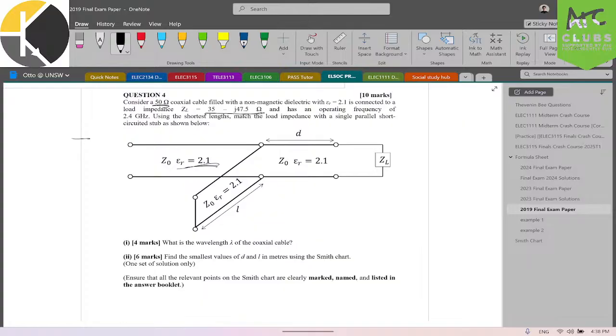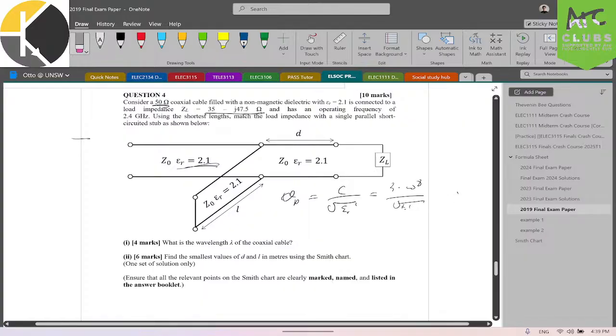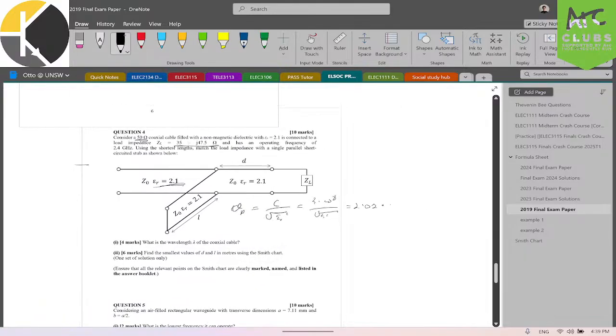So to find this, your VP is just C over square root of epsilon r, which is C, 3 times 10 to the 8, over root of 2.1, which happens to be almost exactly 2.07 times 10 to the 8 meters per second.